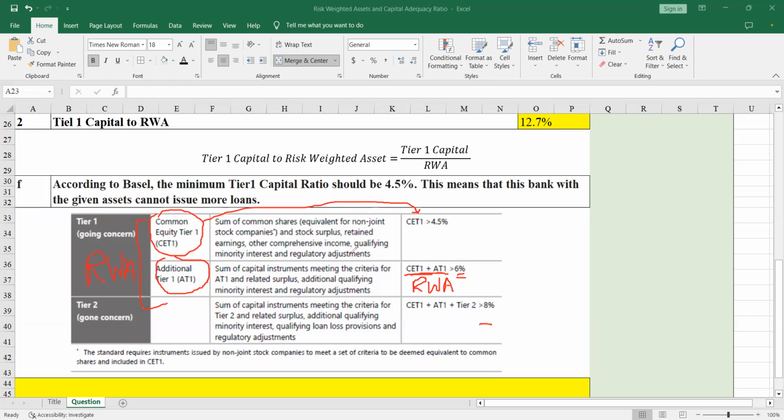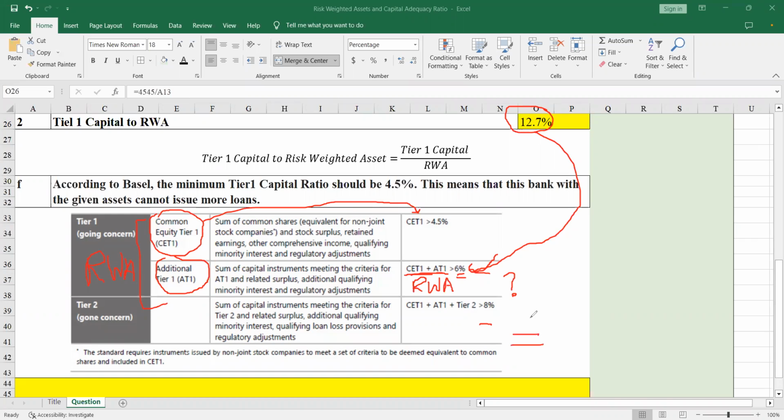If this ratio is more than 6%, it is good and the bank can continue its operation without problem. If it is less than 6%, then it's a red signal and you will have to look at multiple things. So what we know is currently tier one capital to risk weighted assets is 12%, which is more than 6%.